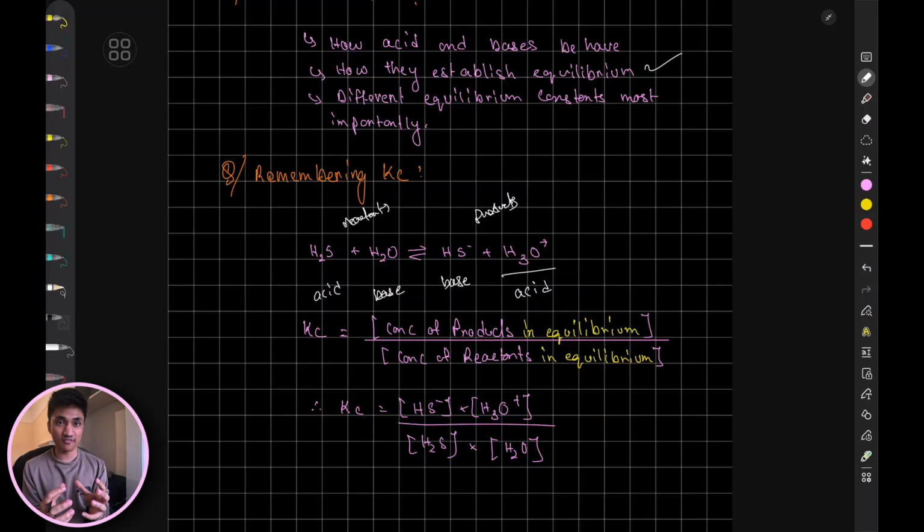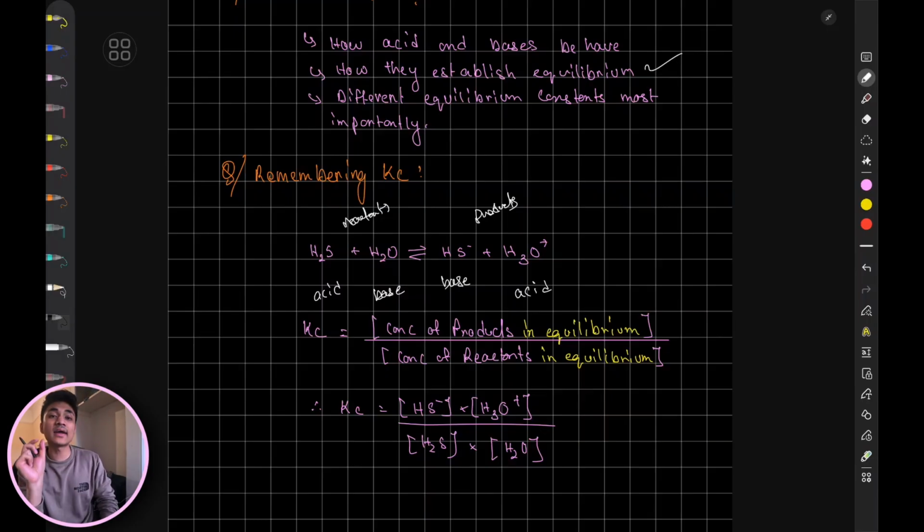The solution is going to reach equilibrium, where at some point the rate of conversion from H2S to HS- and H2O to H3O+ is the same as the rate of HS- converting to H2S and H3O+ converting to H2O. So the rate of forward reaction and the rate of backward reaction are equal, and that is called equilibrium being reached.